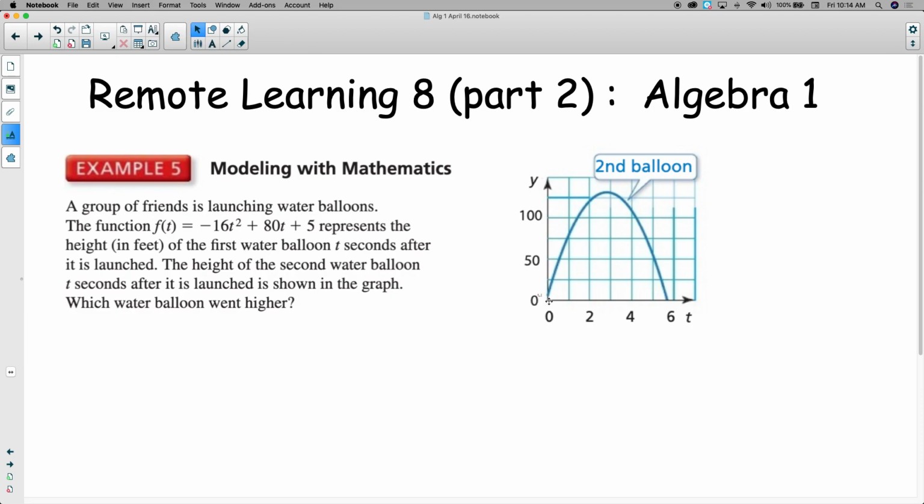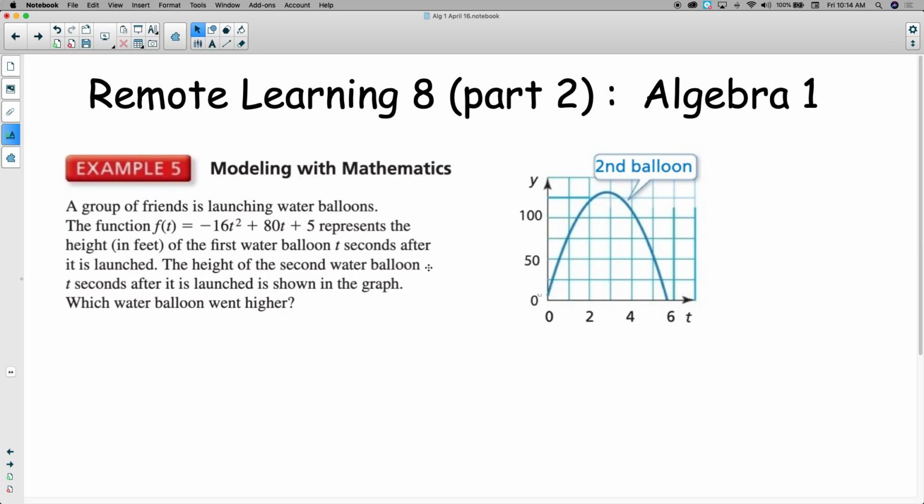This is just modeling time passing, so 1 second, 2 seconds, 3 seconds, 4 seconds, and building a graph with the various heights of the balloon at various times. So don't be thinking this is the actual height and it went out in front of them, this length. This isn't a length. This is time passing, and this is the height of the water balloon. How far it landed away from their feet, nobody knows.